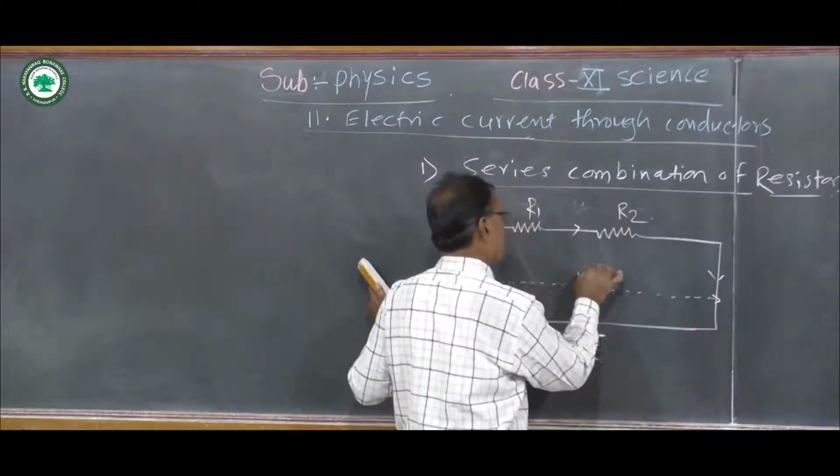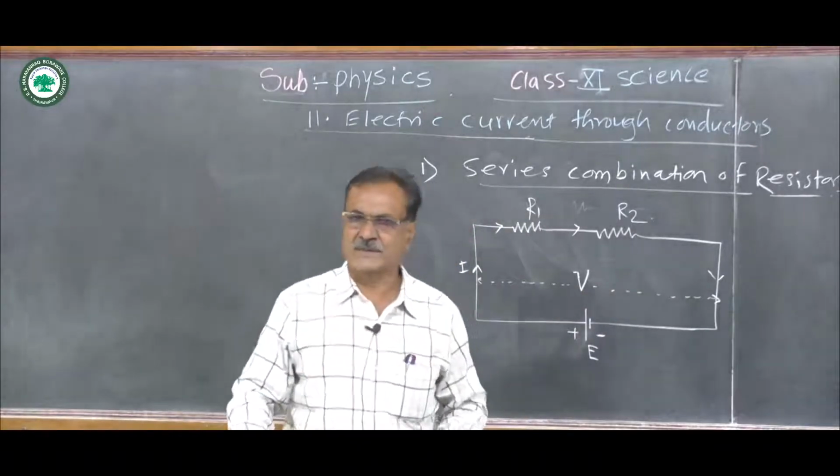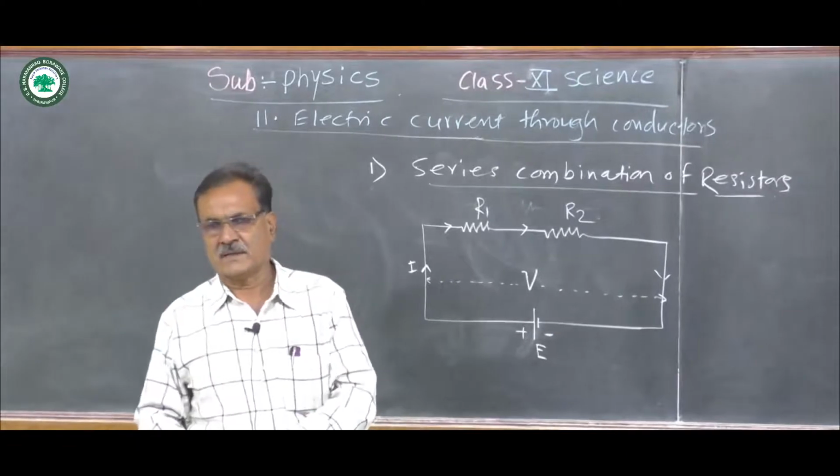This is the potential difference V produced across the combination of R1 and R2.